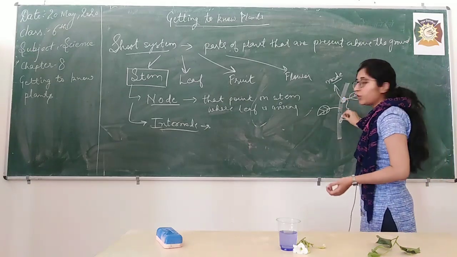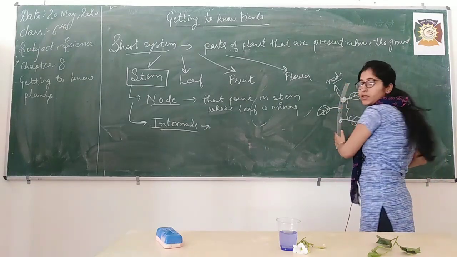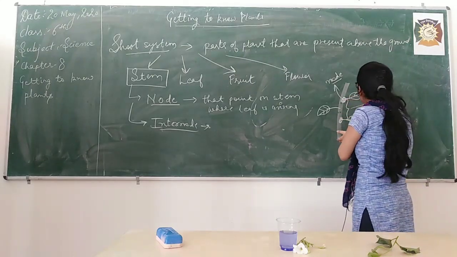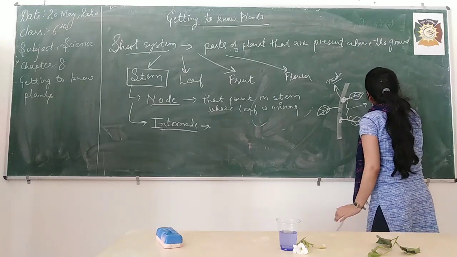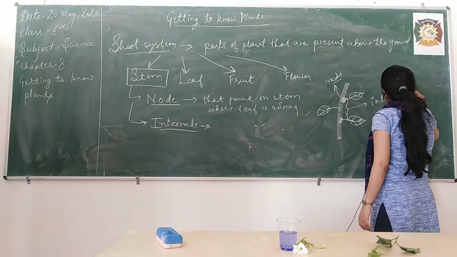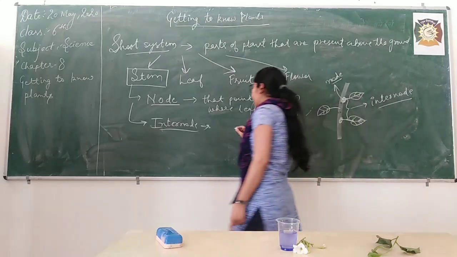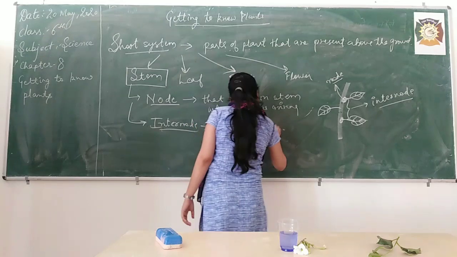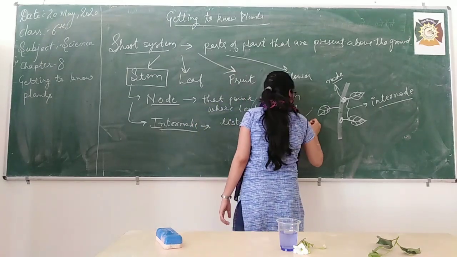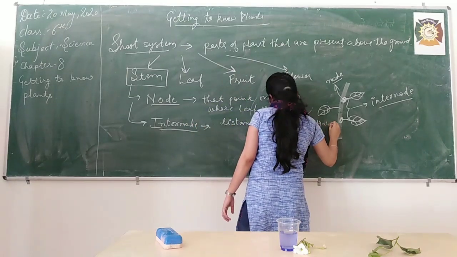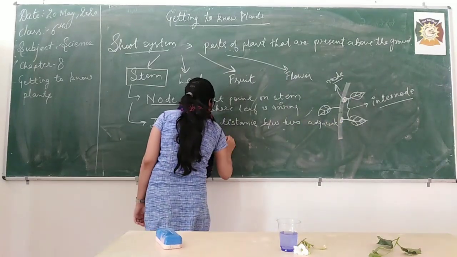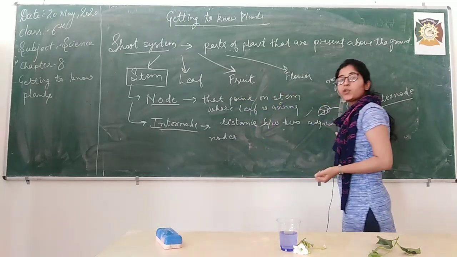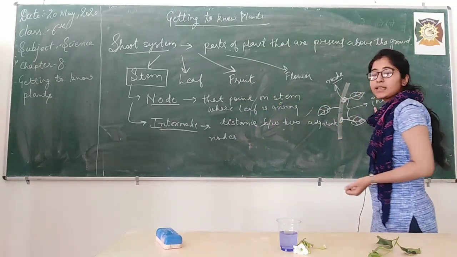Students, when two nodes are next to each other, the distance between them is known as the internode. What is the internode? The internode is the distance between two adjacent nodes. What is the meaning of adjacent? Adjacent means next to each other. So the distance between two nodes which are next to each other is known as the internode.